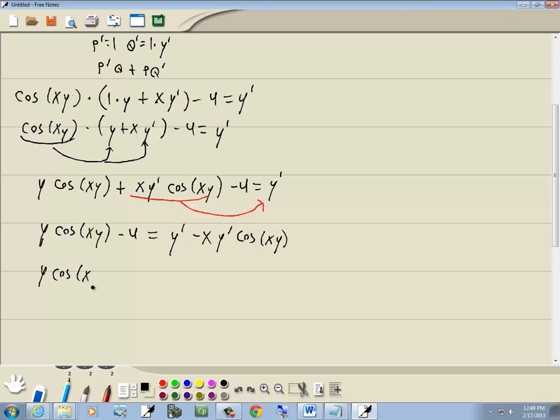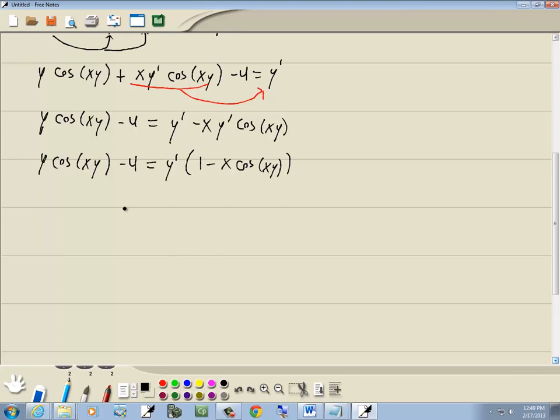Now we're solving for y prime. So over on the right side, we want to now factor out a y prime. And that leaves us 1 minus x cosine xy. Trying to get y prime by itself, so we're going to divide both sides by what's behind our y prime. So we'll divide both sides by 1 minus x cosine xy. Minus 4 up there. There we go.